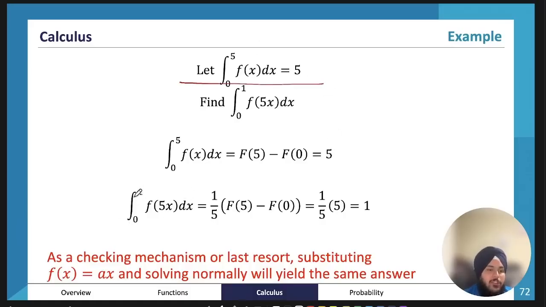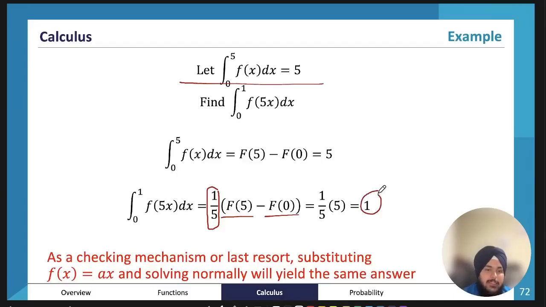So if we're solving for the integral from 0 to 1 of f of 5x, what we are essentially doing is solving for 1 over 5. We're looking at the transformations that have been applied to the graph, and we're reversing the transformations. Then we're doing F of 5 minus F of 0, and we should get 1 as our answer.